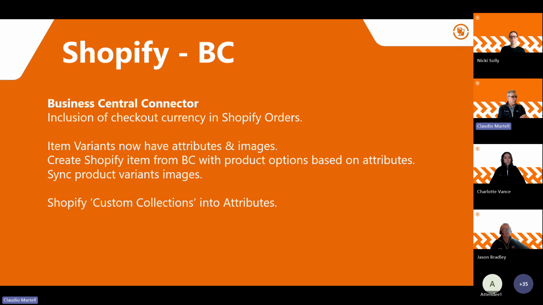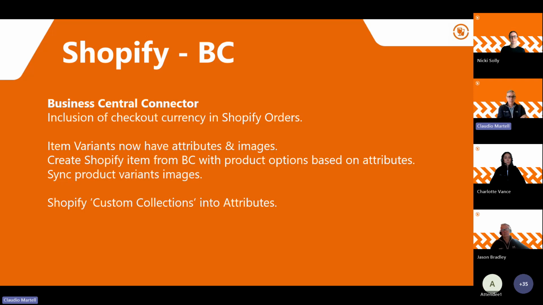The second one is more about the ability to synchronize Shopify products more consistently between BC and Shopify. In the past, we only had a couple of ways of doing it, basically unit of measure, variant, and item. But now we can use things like attributes and pull in more information from one into the other.